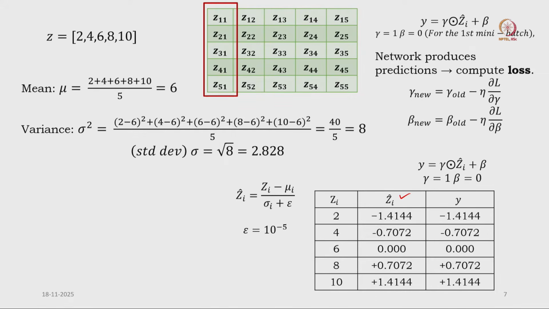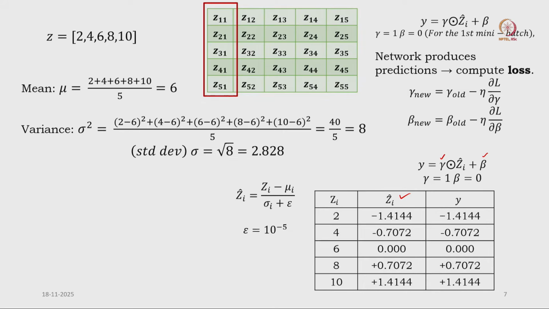So, to introduce that model freedom, there are two parameters, gamma and beta. Now, since it is the first mini batch that we are doing, for the first mini batch, the gamma and beta values will be 1 and 0. So, that is initialization. Gamma value will be 1 and beta value will be 0.